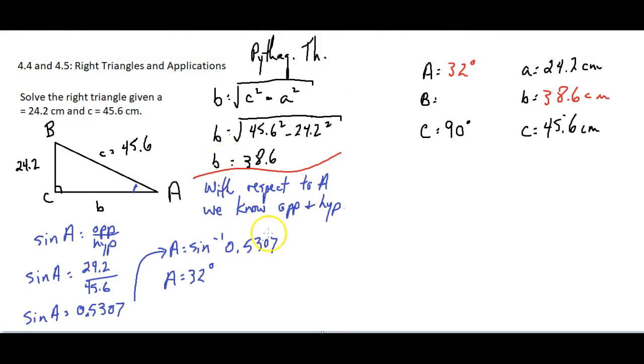Next, we want to find angle B. We could use trig, but now that we know two angles, and we know that A and B add up to 90, then B should be equal to 90 degrees minus 32 degrees, which is 58 degrees.